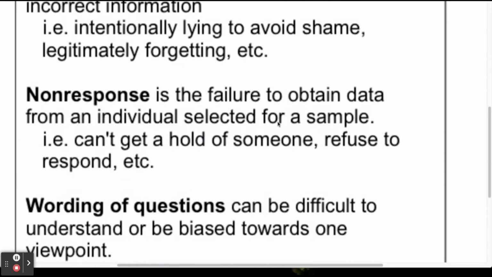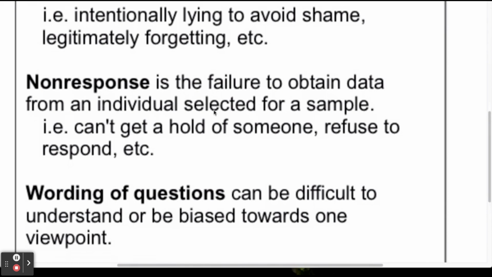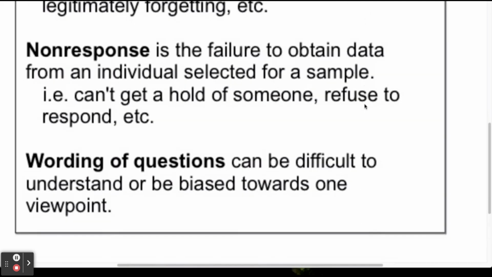Non-response is the failure to obtain data from an individual selected for a sample. So you're trying to call someone and they never call you back, or you send out a survey on Google or whatever, and they just never fill it out. A non-response is a type of non-sampling error. Again, it might not be your fault, but it's something we need to consider when we're making a sample.